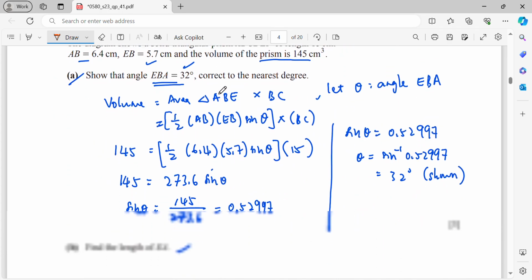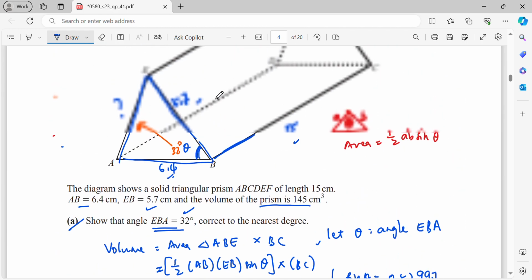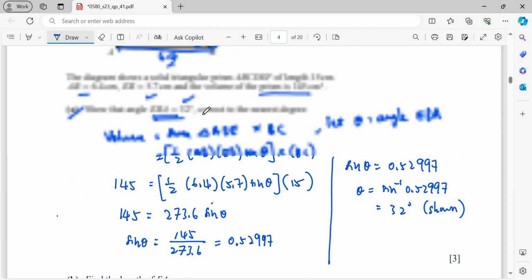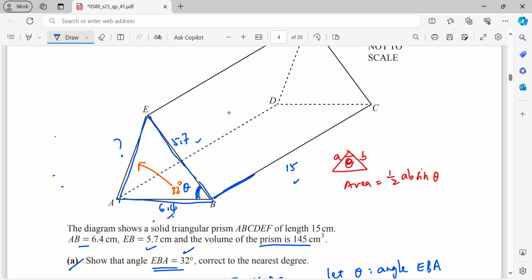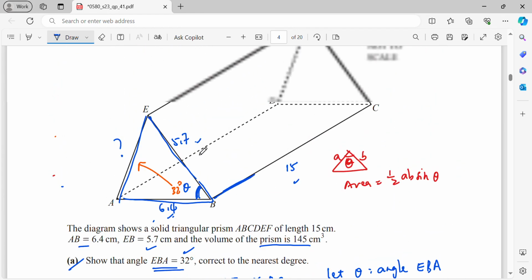So according to the cosine rule, EA squared, which is the opposite angle, equals the other two sides, AB squared plus EB squared, minus 2 of AB, EB, cos angle EBA.